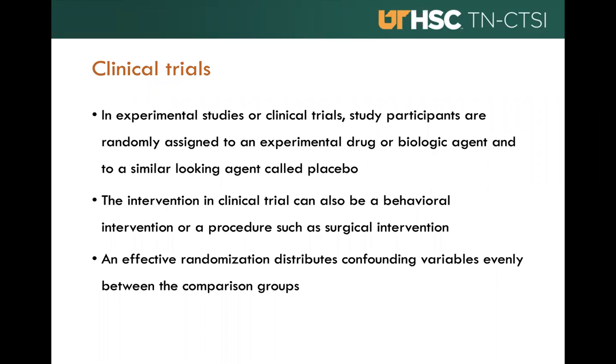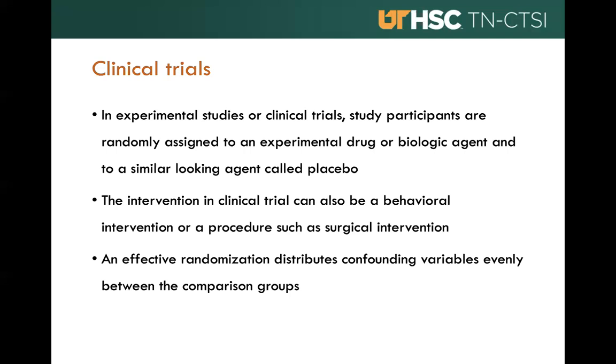What makes a clinical trial or experimental study different from observational studies is that the investigator actively assigns the intervention to the intervention arm and compares the effect of the intervention in the experimental arm to the effect in the control arm. This is what makes an experimental study different from an observational study.